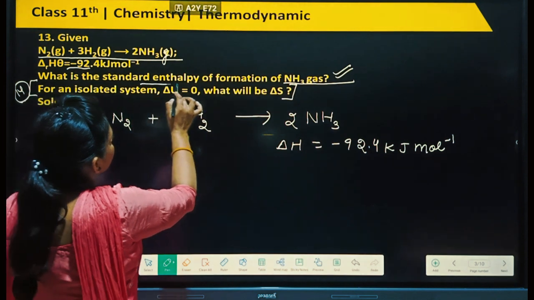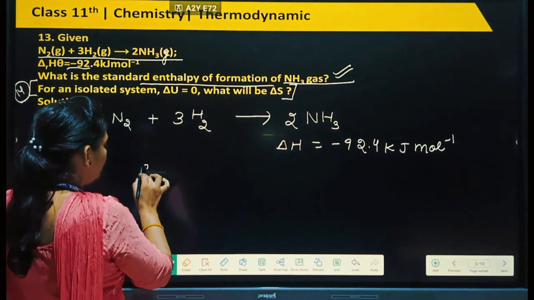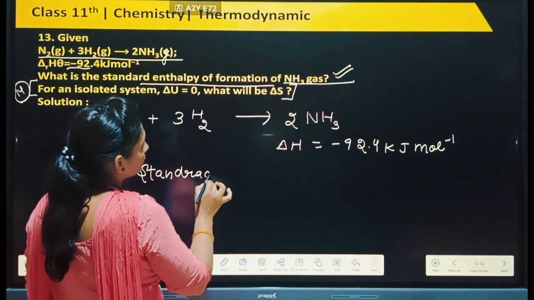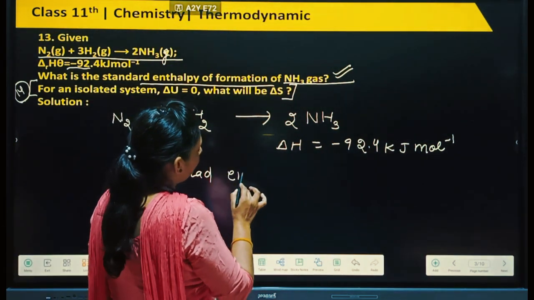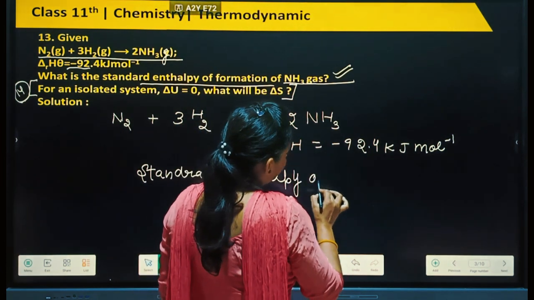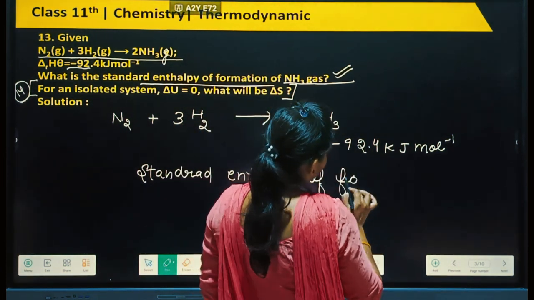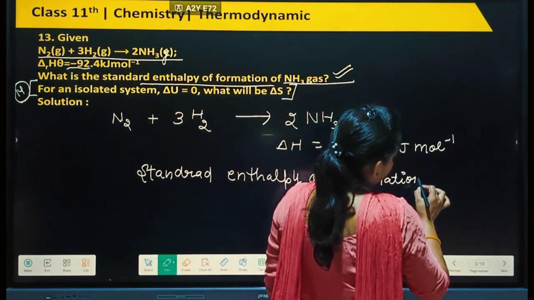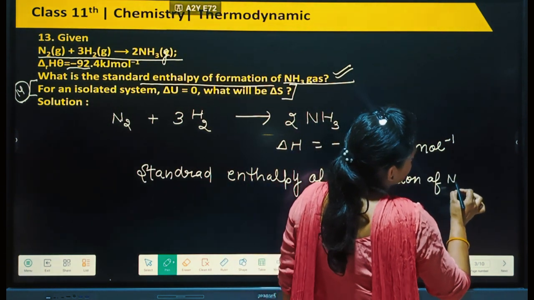What is the standard enthalpy of formation? We need to calculate the standard enthalpy of formation of ammonia.